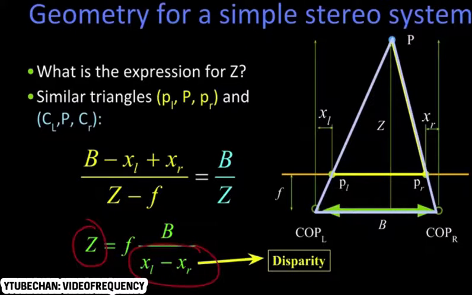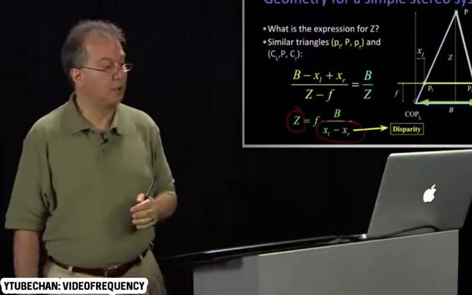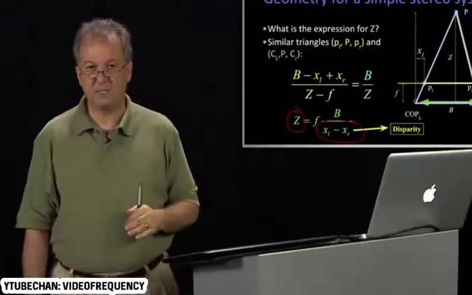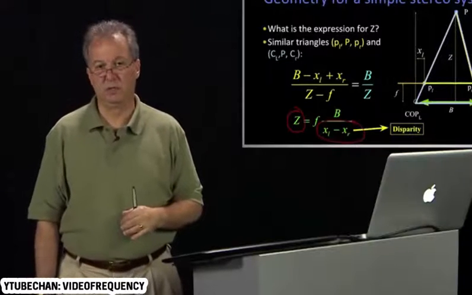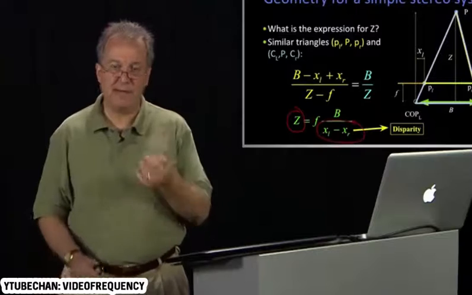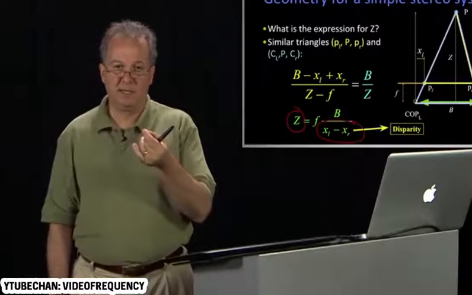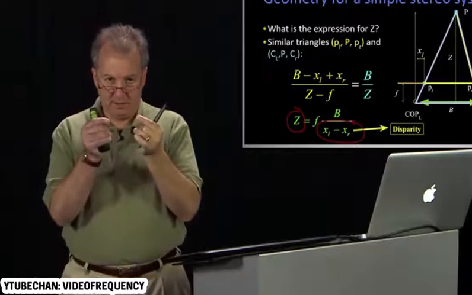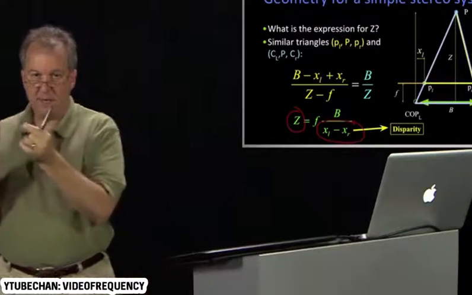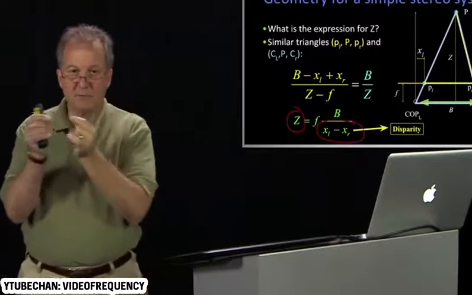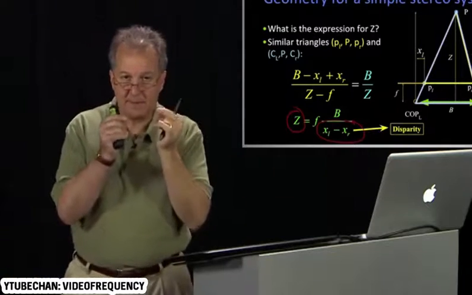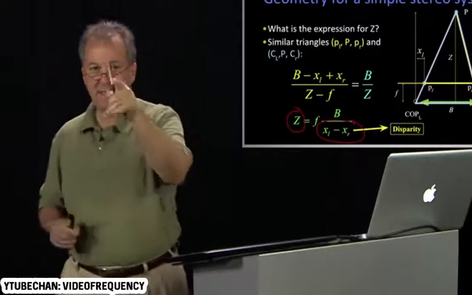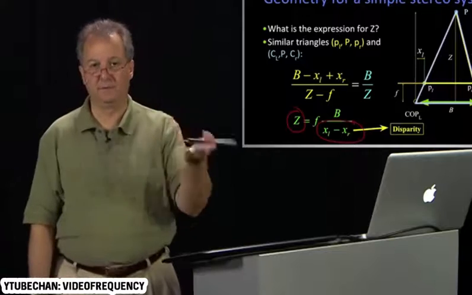Now, you should ask yourself a little question here. What happens when disparity is 0? Well, when disparity is 0, that means that some point in the scene projected to the same point in the left image as the right image. In other words, as I moved from my left to my right camera, that point didn't appear to move.